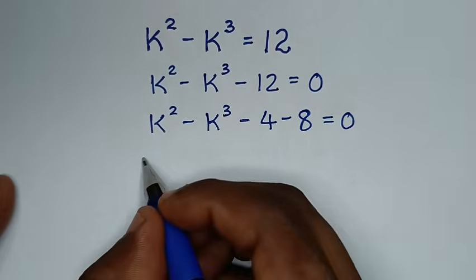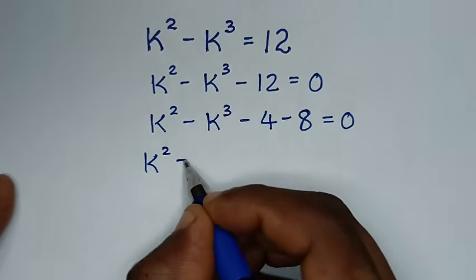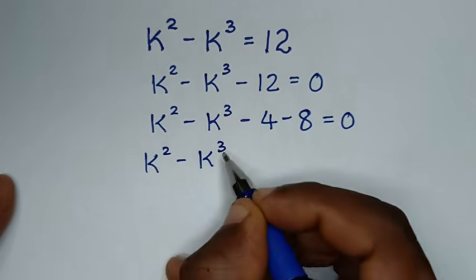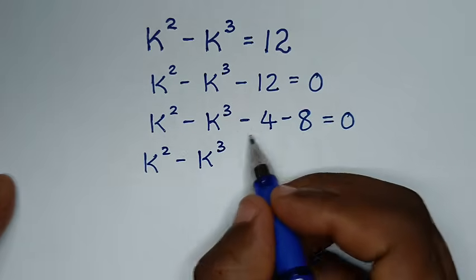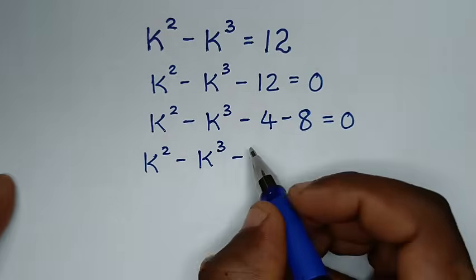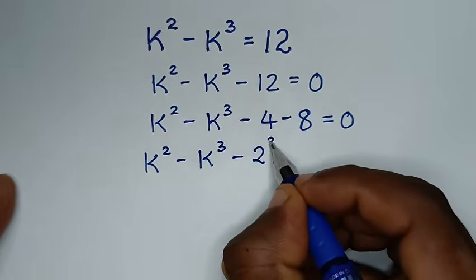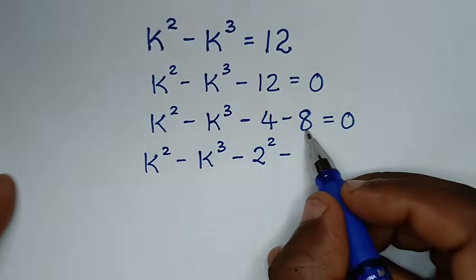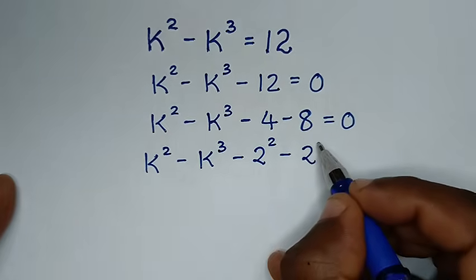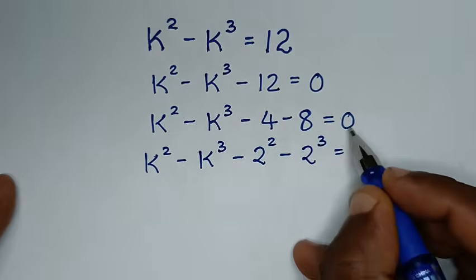Then here, it will be k² minus k³ minus 4 times the exponent 2², minus 8 times the exponent 2³ is equal to 0.